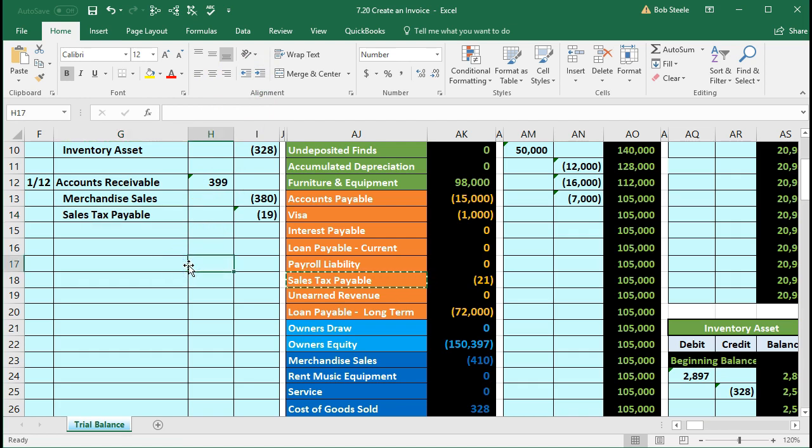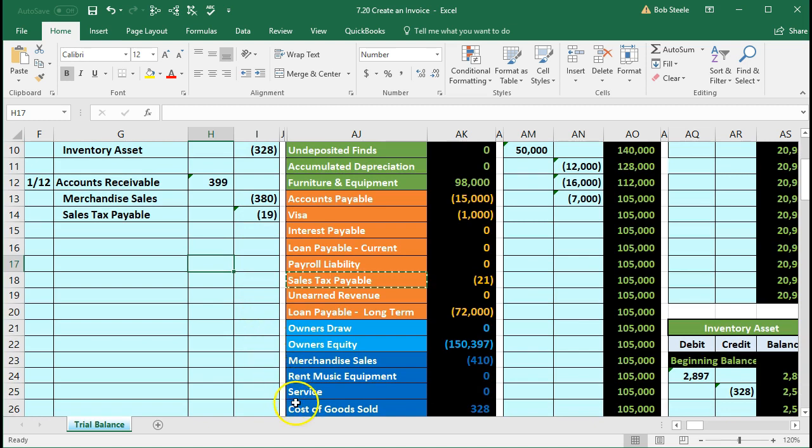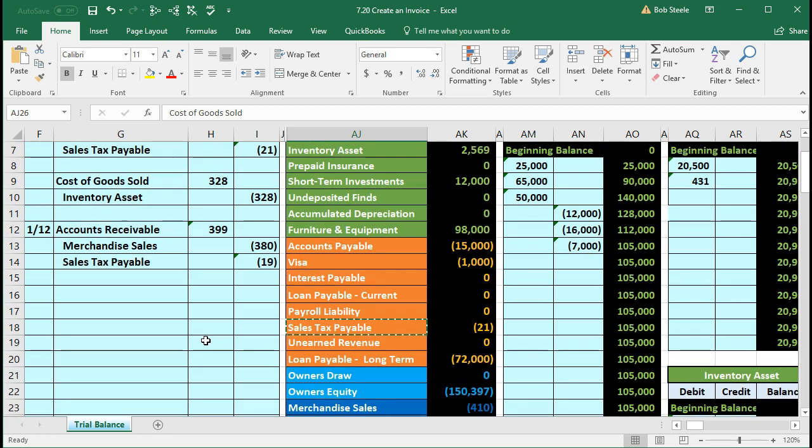That's only the first half, however, of the journal entry. We still need to record the reduction in the inventory as well as the related cost of goods sold for the sale of that inventory. When we do these by hand, it's often useful for us to break this out one by one, meaning break out the sales half and then break out the inventory and cost of goods sold half.